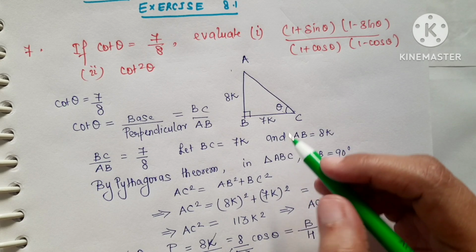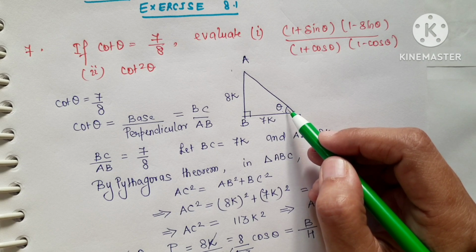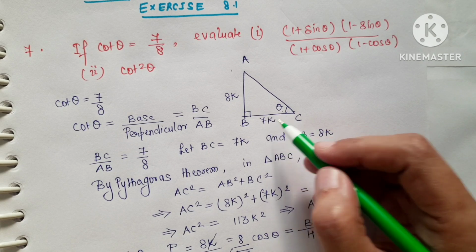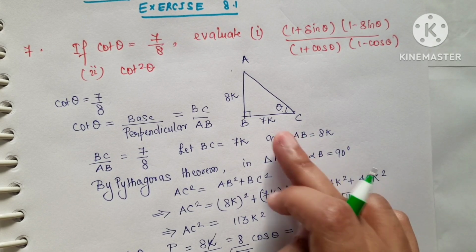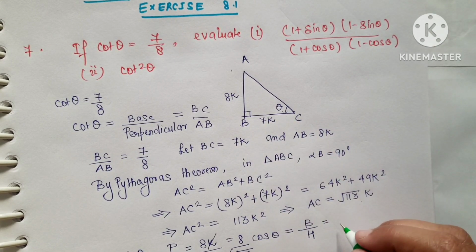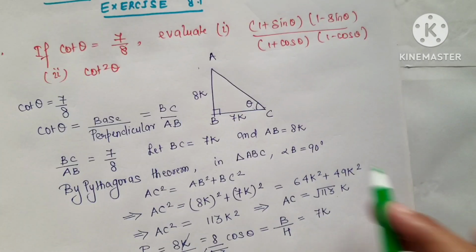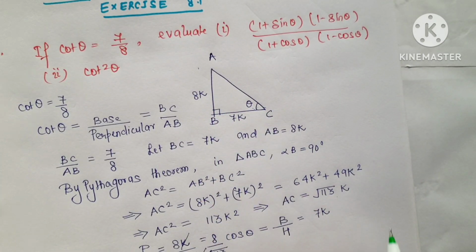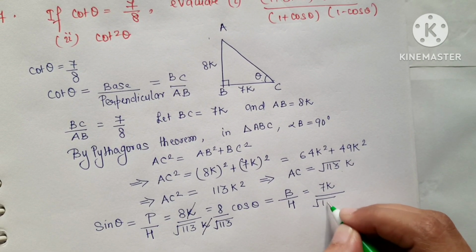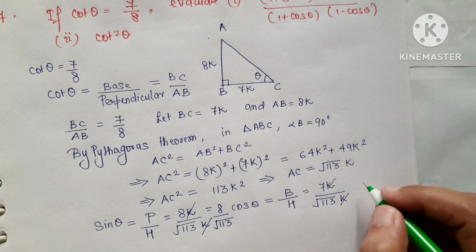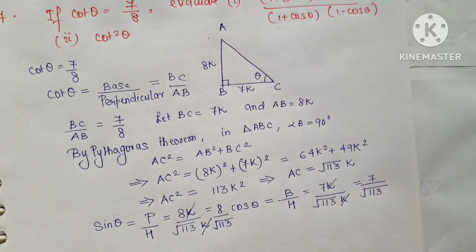With respect to this angle theta, the base is the side adjacent to the angle, so it is BC, and its value is 7 times K. And the hypotenuse is AC, which is root 113 times K. These two will get cancelled out and you'll get 7 upon square root of 113.